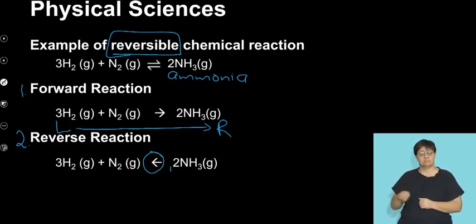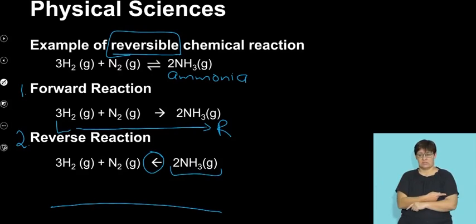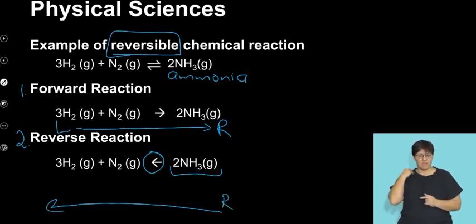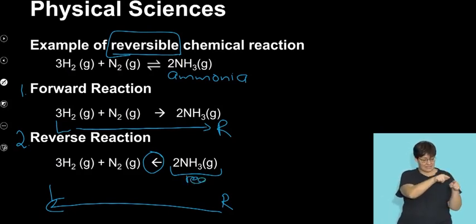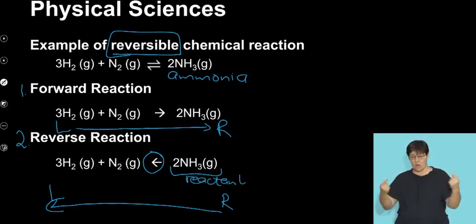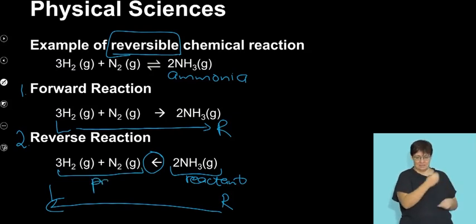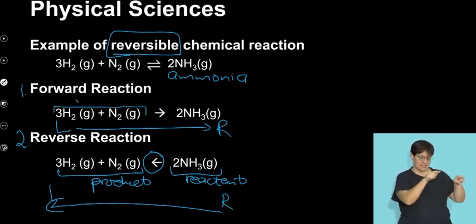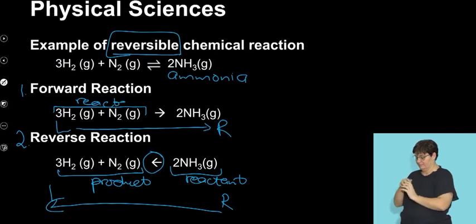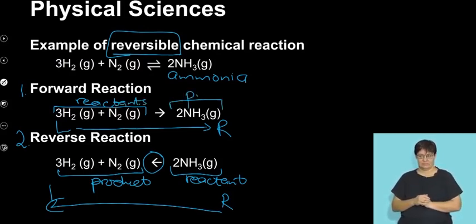This is now for my reverse reaction, which is actually read from right to left. This is now my reactant. And my reactant is now, I show with my arrow, breaking up into the product of the reactants. On the forward reaction, these were the reactants. And this was my product of the reactants.